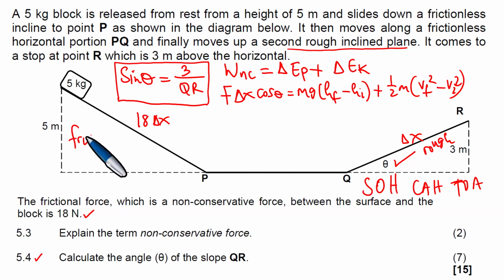So this one is rough. But we also know that it moves along a horizontal portion, PQ, which is also frictionless. But the other one, QR, is not frictionless.